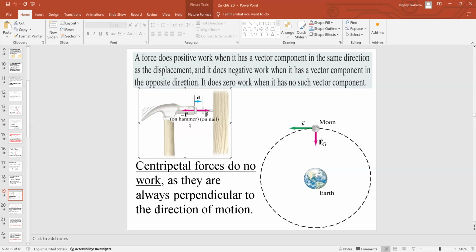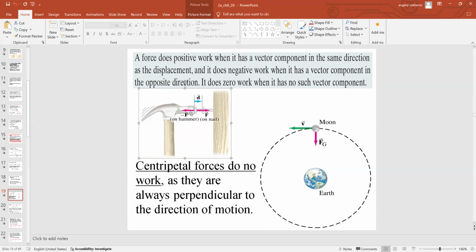So what would be the work done? Well, displacement is still to the right, and for the force from the hammer on the nail, work would be force, displacement, and the cosine of the angle between those two. What's the angle? 0 degrees. Cosine of 0 is 1, positive 1.